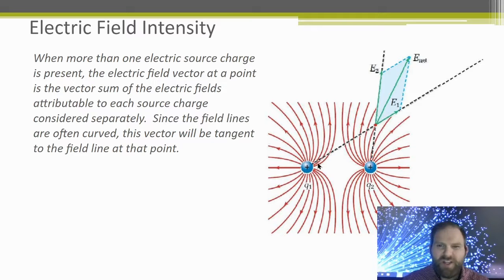The reason electric fields are drawn in a curved manner like this is they're supposed to represent any point in space and how a charge at that point would be affected by these charges.